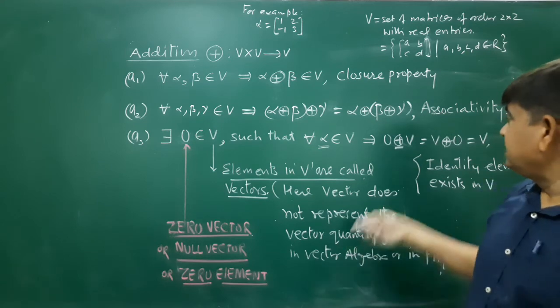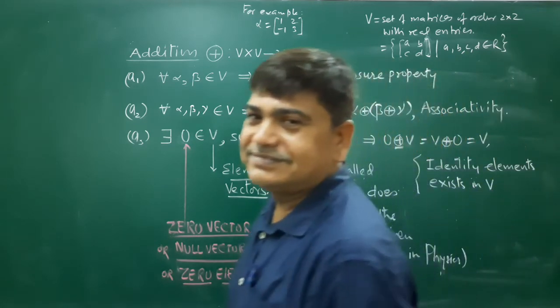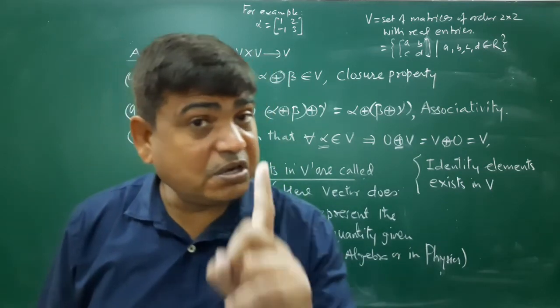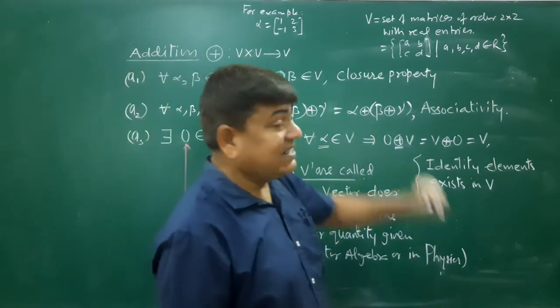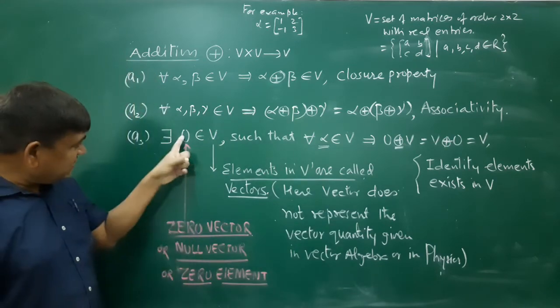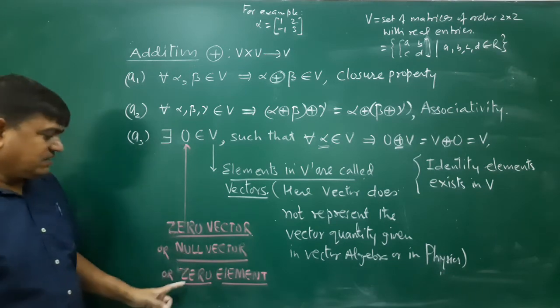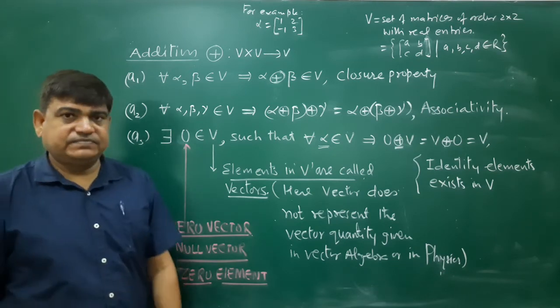Remember, it looks like 0, but it is not 0. That's why I have written it here. This is the 0 vector, the null vector, the 0 element.